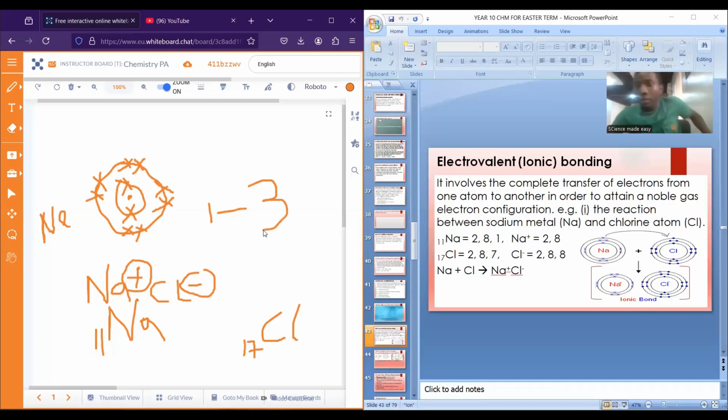They can donate. That is why metals are donors of electrons. They are donors because they have extra electrons in the outer shell. Like this sodium now will be donating. Any element that has 1 to 3 electrons in the outer shell can donate. For example, let me say that me and you, you that are watching me now, I want to buy a land of 18 naira.